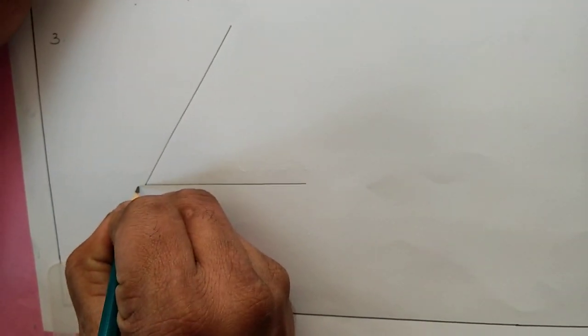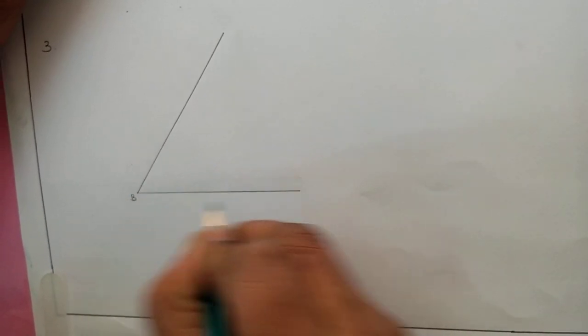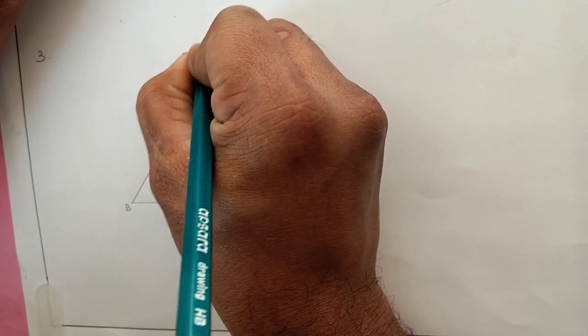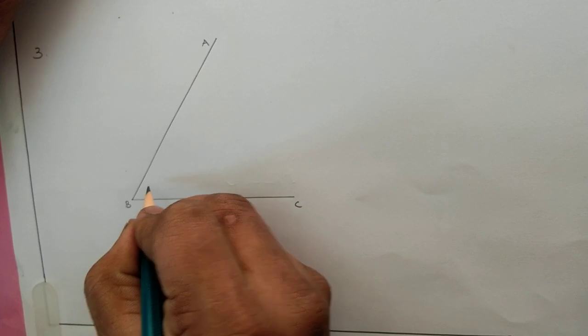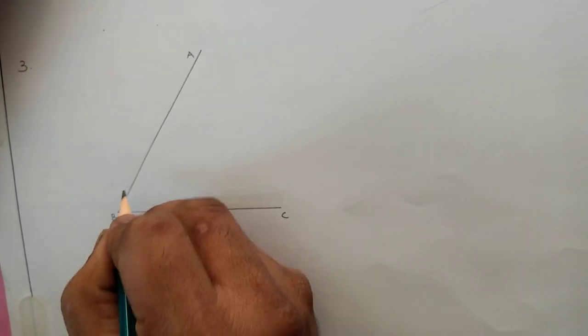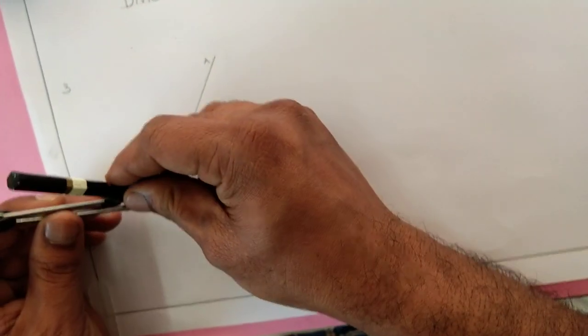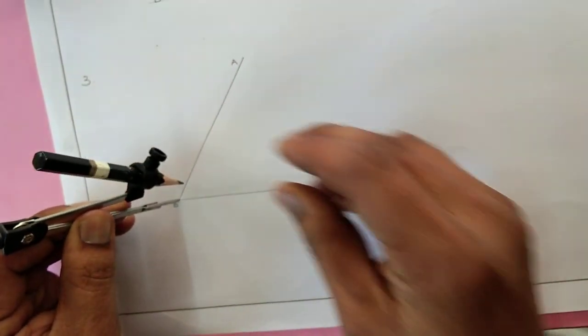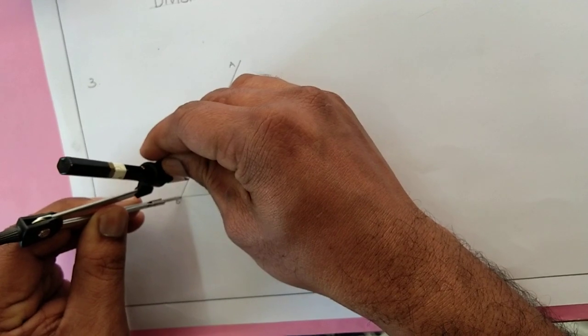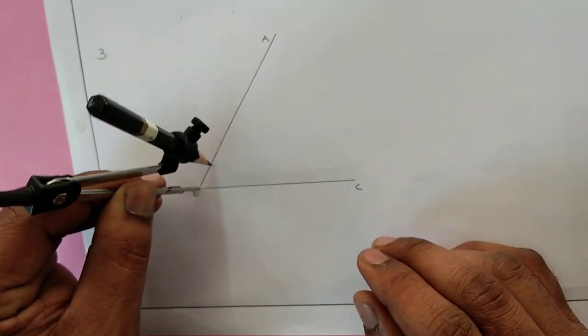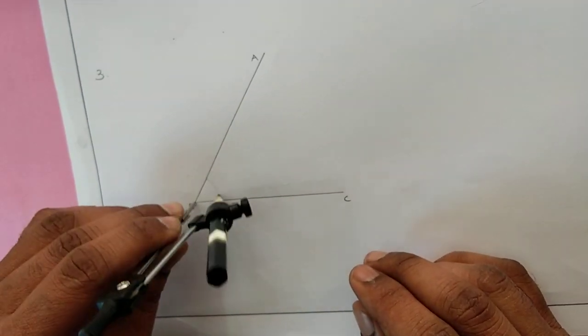So we can give the naming. Here this is B, C, and this one is A, angle ABC. Here we can give the inclination also. With the help of a compass we can show the inclination. I have explained this particular thing in the last class.